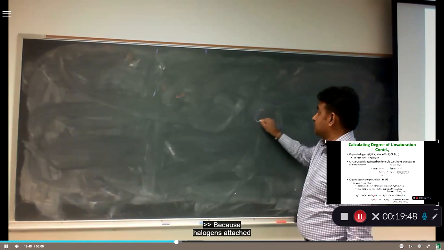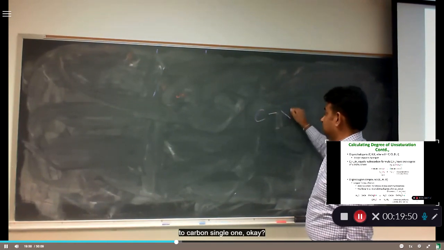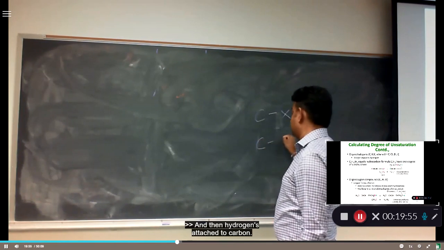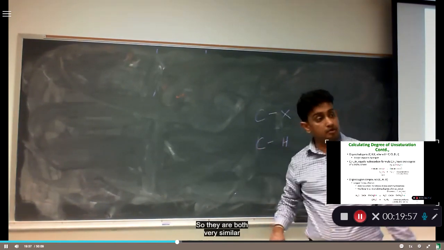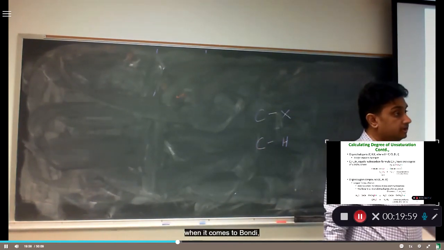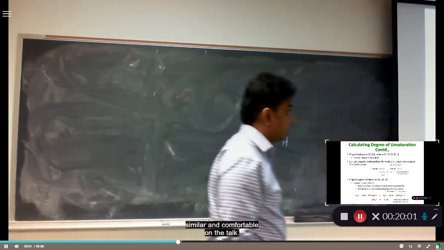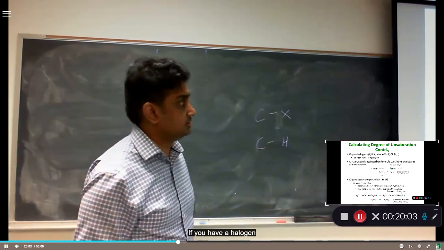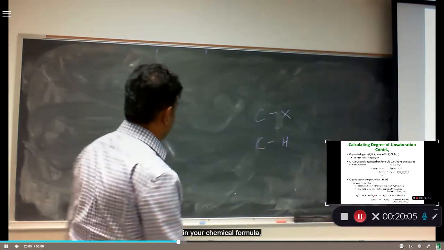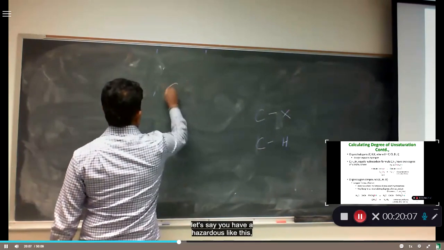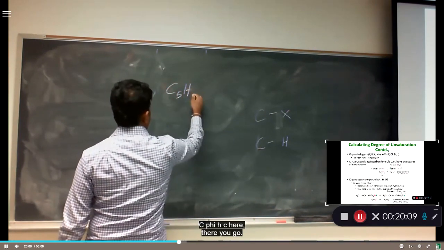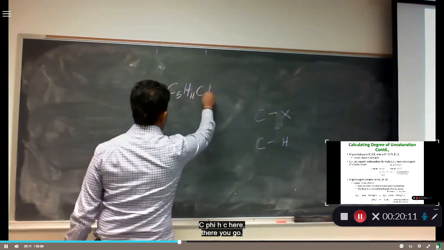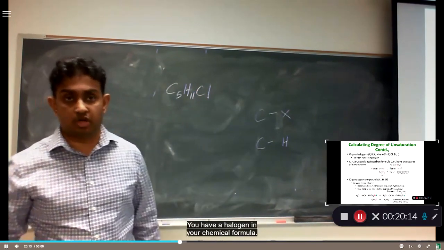Because halogens attach to carbon with a single bond, and hydrogens attach to carbon with a single bond. So they are both very similar when it comes to bonding. So if you have a halogen in your chemical formula, let's say C5H11Cl. There you go.